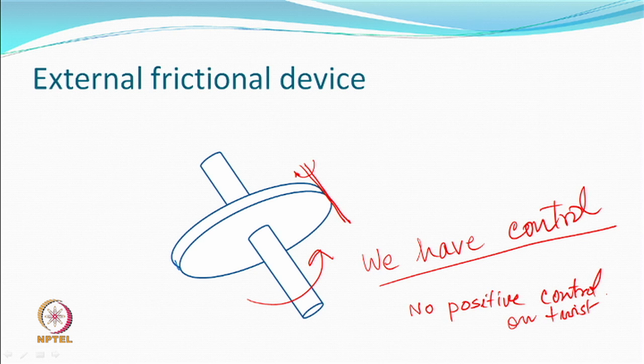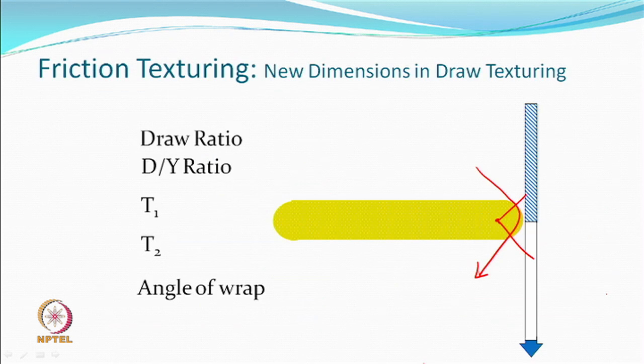So, because of this, some of the parameters that one will have to worry about are the draw ratio, because we are now looking at draw texturing as well, and also we would be concerned about the twist. So, this particular thing takes care of tension.